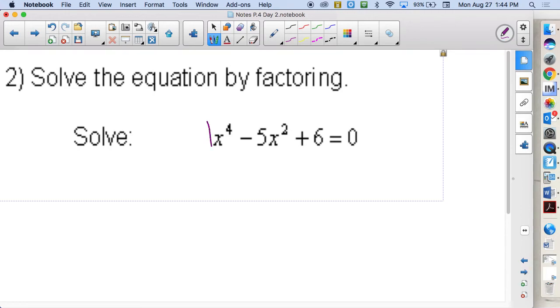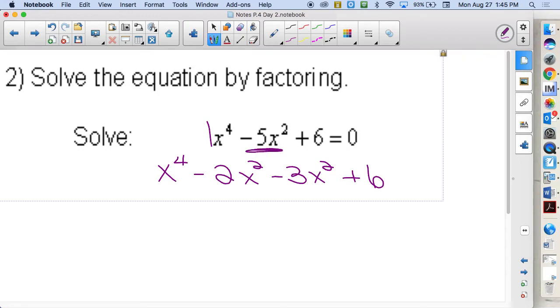There's just a 1 in front of that x to the 4th, so you don't have to use the entire AC method if you don't want to. Grace, do you know how it would factor? It would be x to the 4th minus 2x squared minus 3x squared plus 6. Awesome. So because it's a 6 and a -5, we have -2x squared, -3x squared.